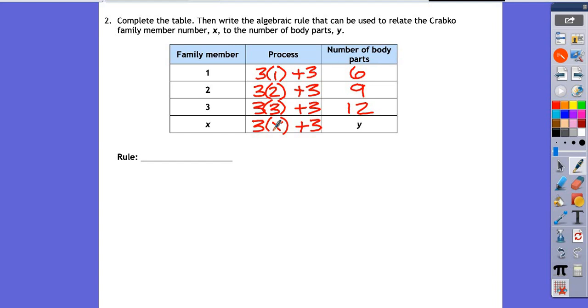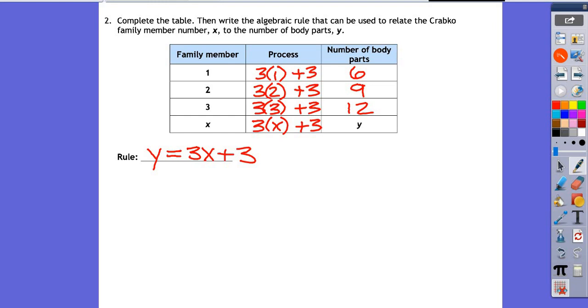So now I'm able to write my rule, which would be y equals 3x plus 3. I'm not, because they mean the same thing.